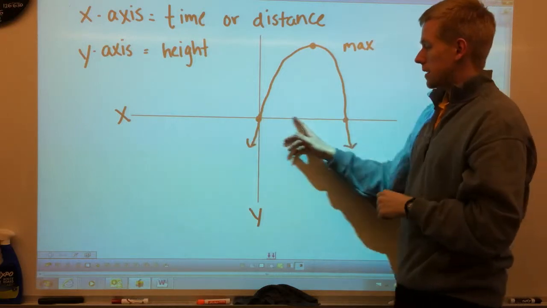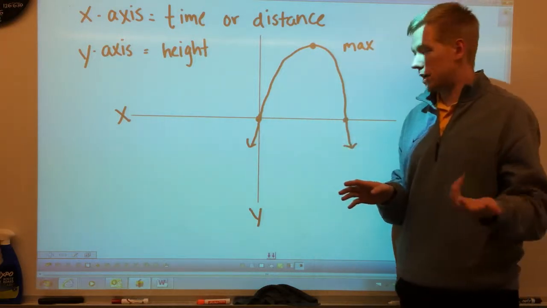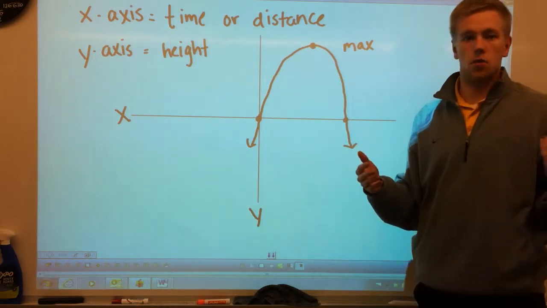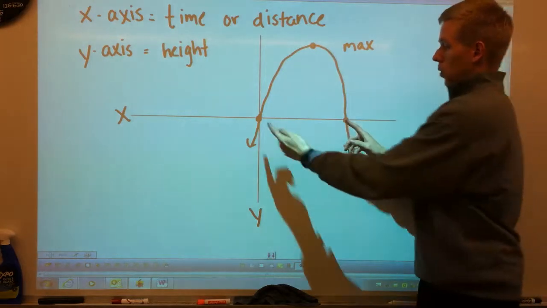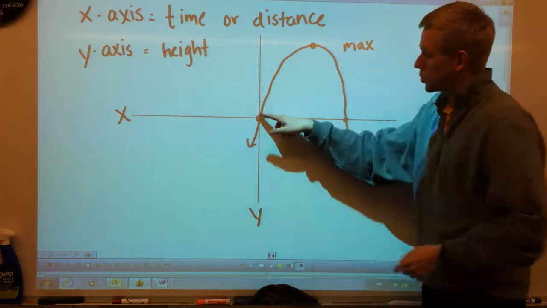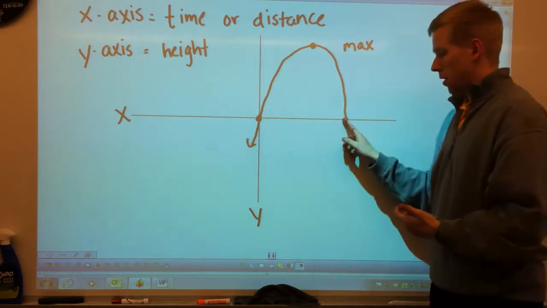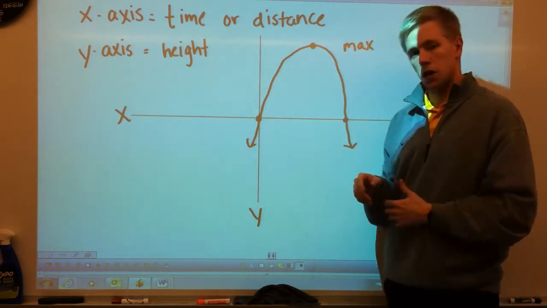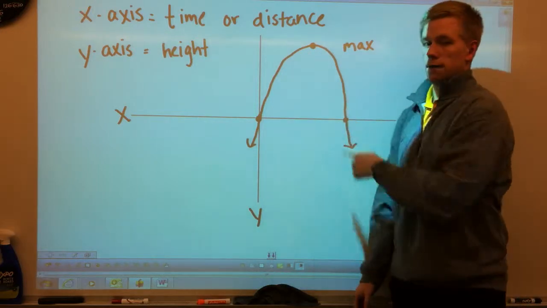Okay? So this x-axis would measure time. It may measure distance. Say it's the roller coaster, and it wants to see how far it goes up and then comes back down. What's the distance from here to here? Even though it travels this distance this way, the distance from point A to point B is going to be shorter, and they want to see how far that distance is based on your quadratic function.